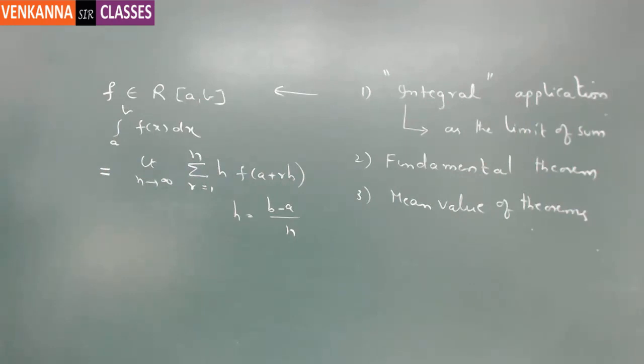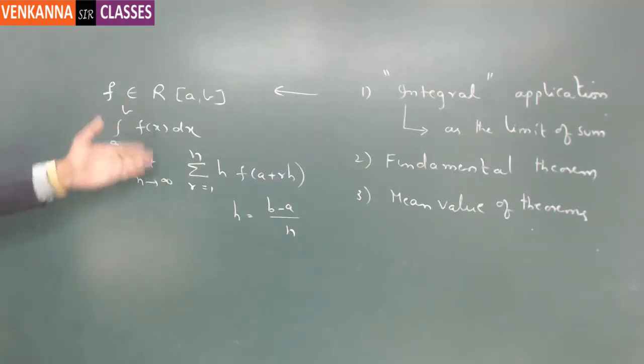Okay? Is that clear? If you want to evaluate the sum, it is represented as an equivalent integral, and if you know the integration value, it is nothing but the summation value. That was the underlying idea. Fine. So please take a note of this result.